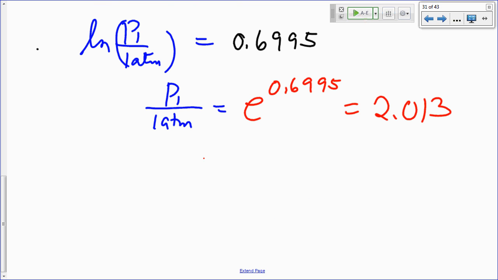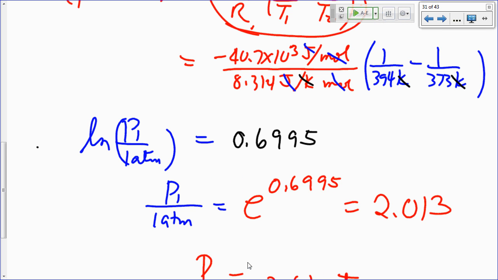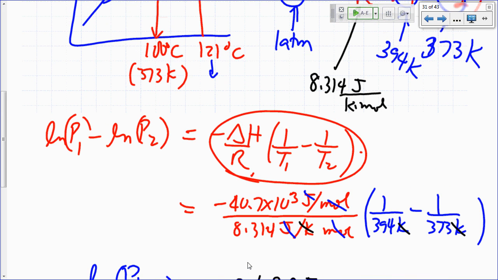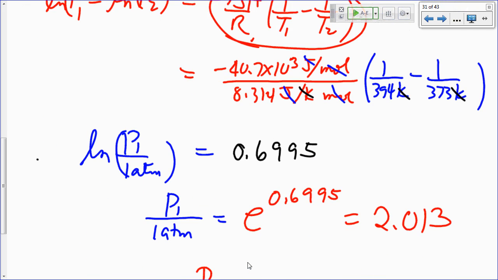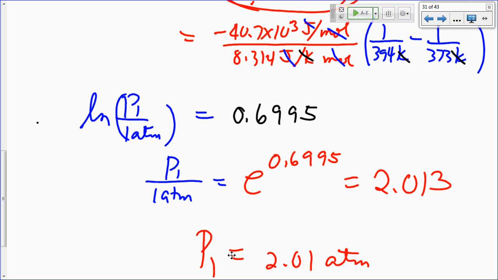And so P1 is equal to 2.01 atmospheres. Okay? So that's assuming I got all my numbers right. You see, you expect the pressure to be higher inside the pressure cooker.